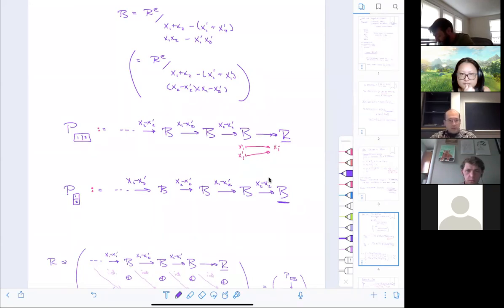I'll ask you to take it on faith that these are orthogonal, in the sense that if you tensor them together, you get something contractible.